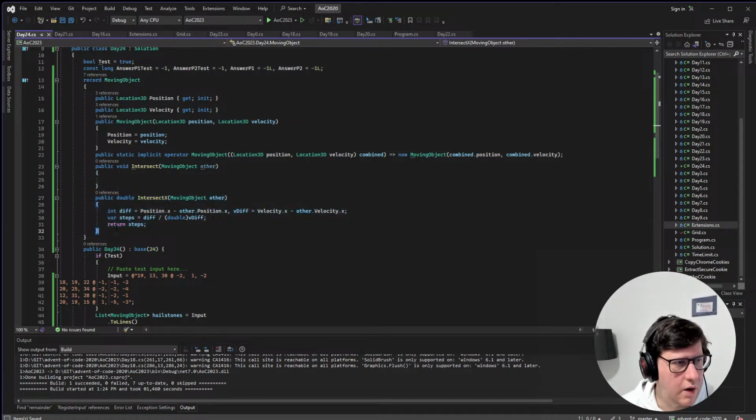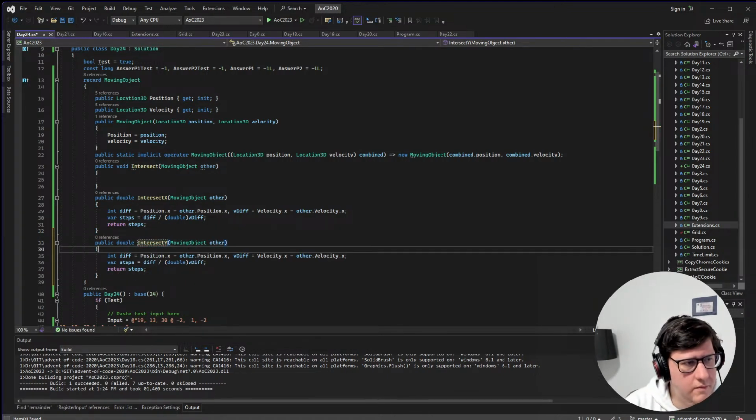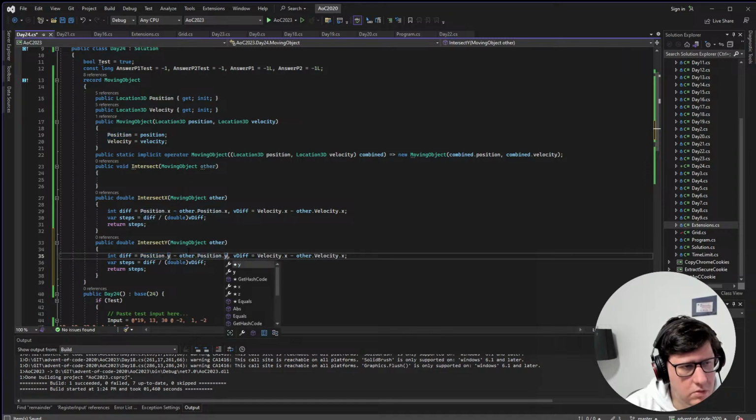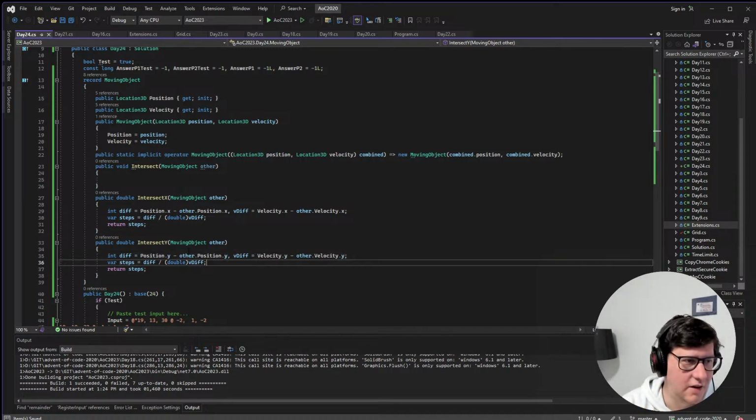Let me do the same for Y and then print out some stuff to see if I'm at least thinking in the right direction. Let's see, you may want to check your real data. Yeah, sure.